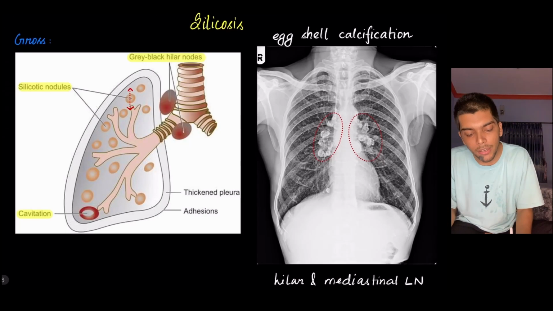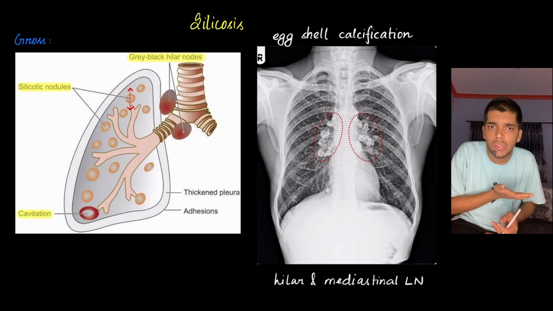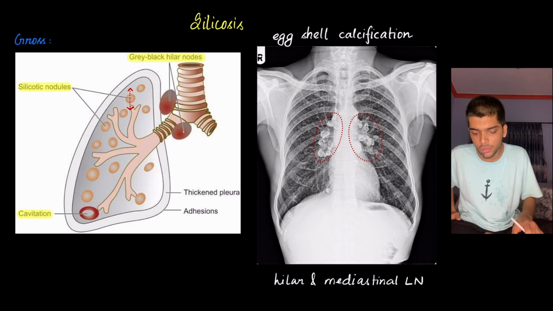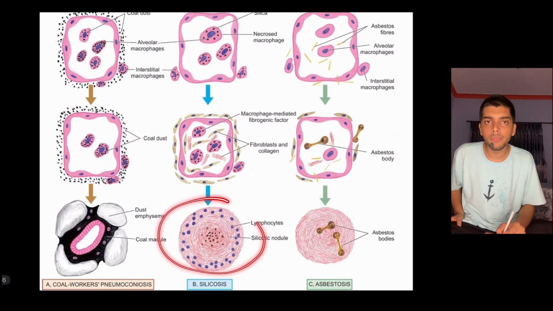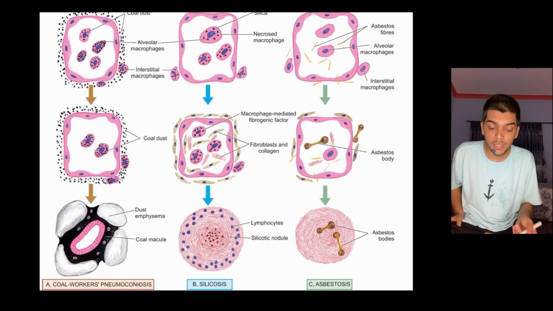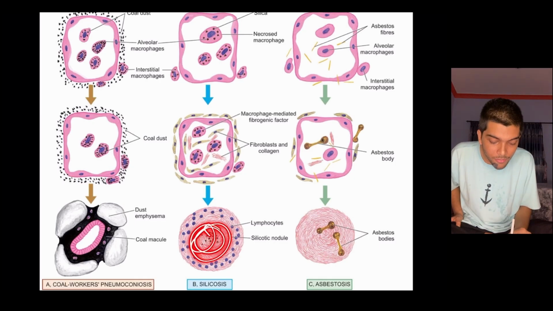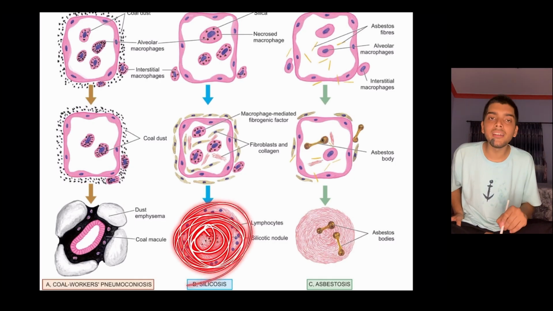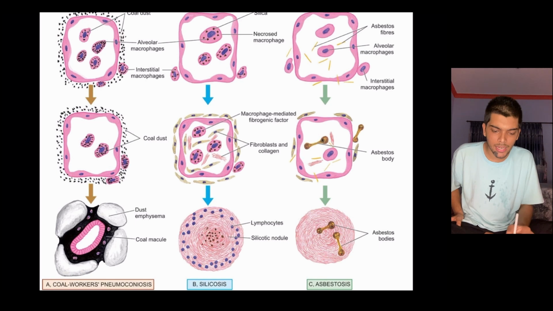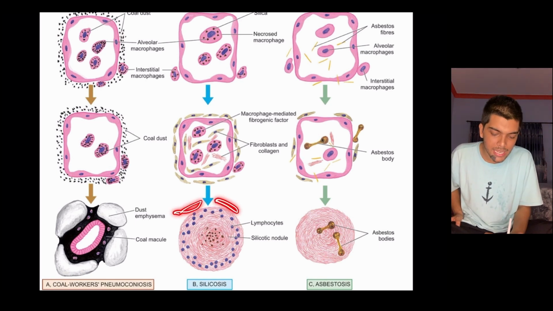So if I take a thin microscopic section of this silicotic nodule, this is what I'm going to see. I'm going to see fibrosis in concentric fashion. Since fibrosis is taking place, there are going to be fibroblast cells as well.